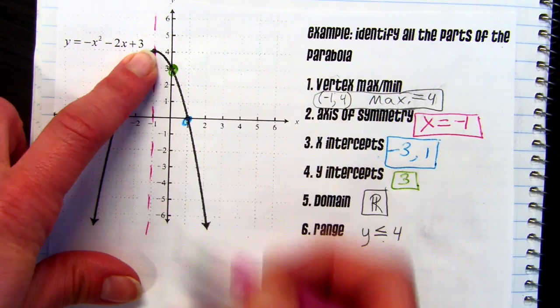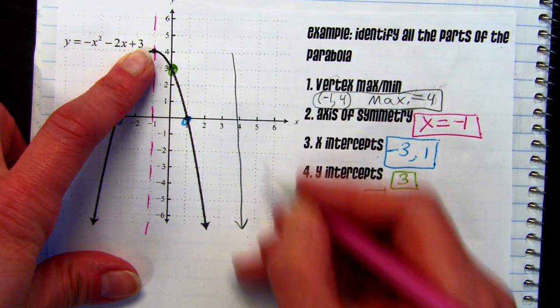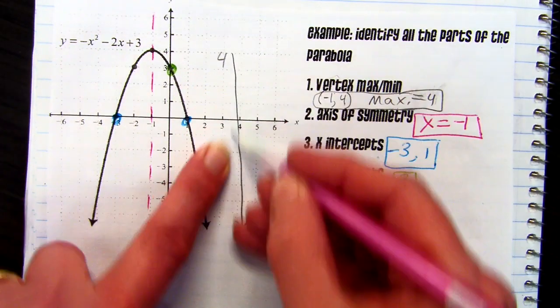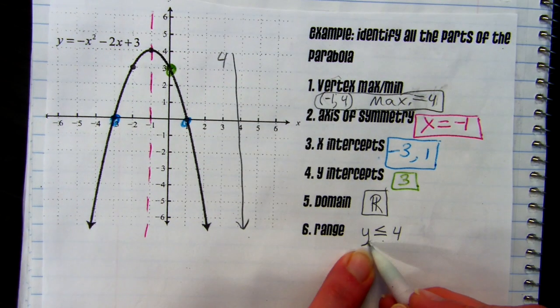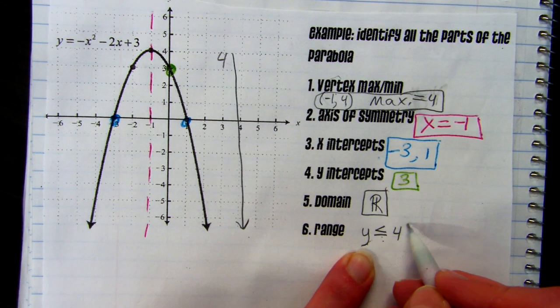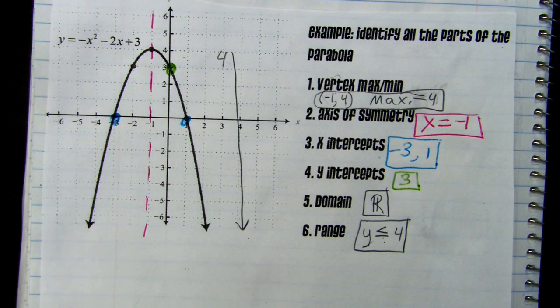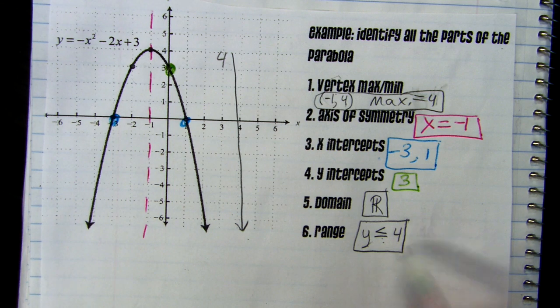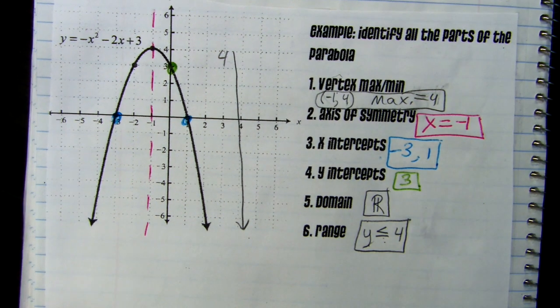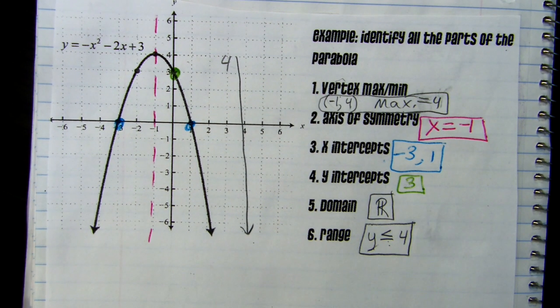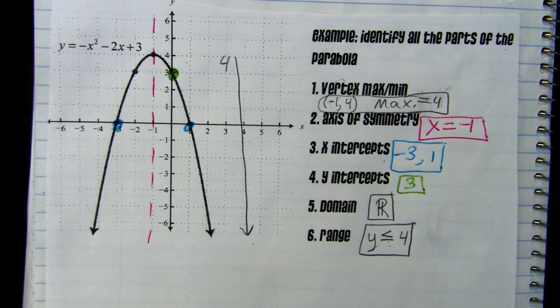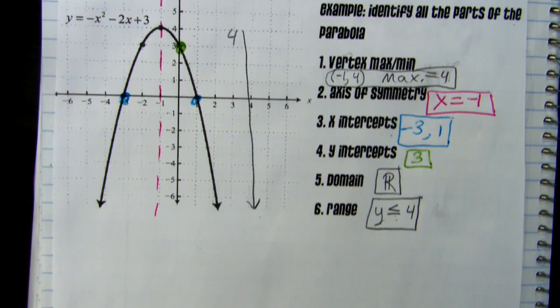So I'm going to say y, because the range of y is less than or equal to 4, because it's going from 4 and down. So 4 at the top, and then it goes down. So y is less than or equal to 4. Hopefully that makes sense. Probably the hardest part is coming up with your range.